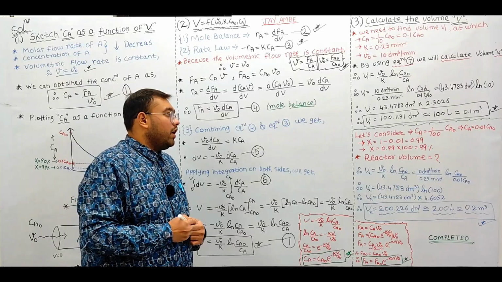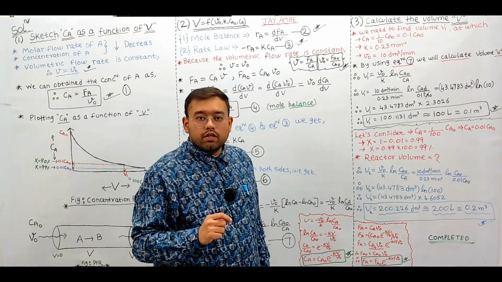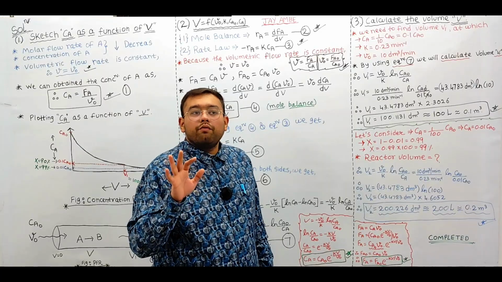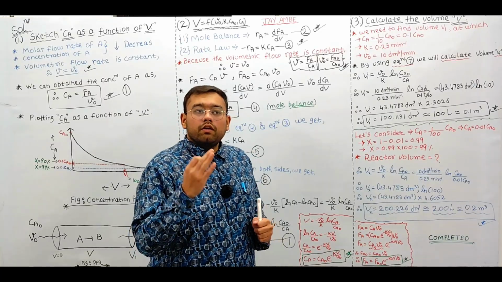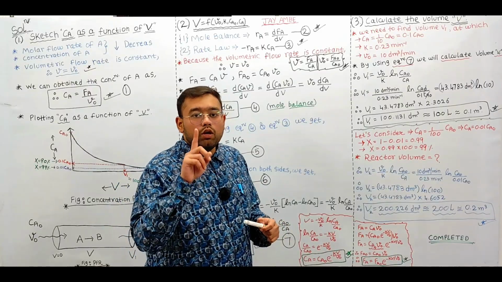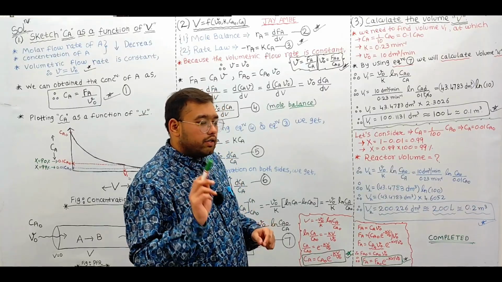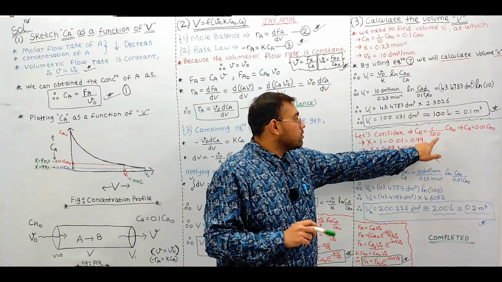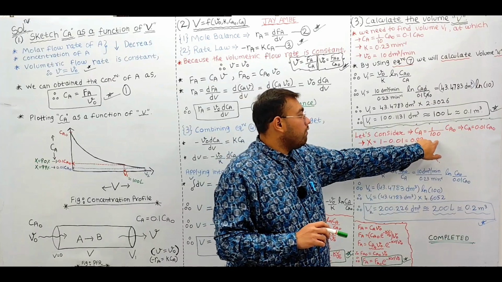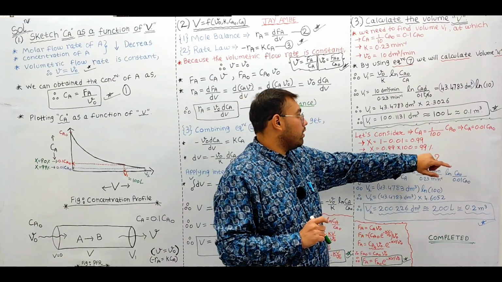If we are aiming for 99% conversion, then out of those 10 molecules, we are aiming for 9 reactant molecules to convert into new products, remaining with only 1% unreacted reactant. 1% is 1 by 100 of the initial concentration Ca0, which is 100 molecules.